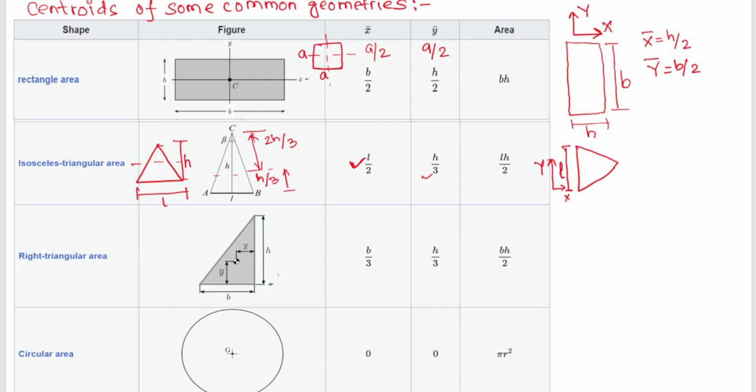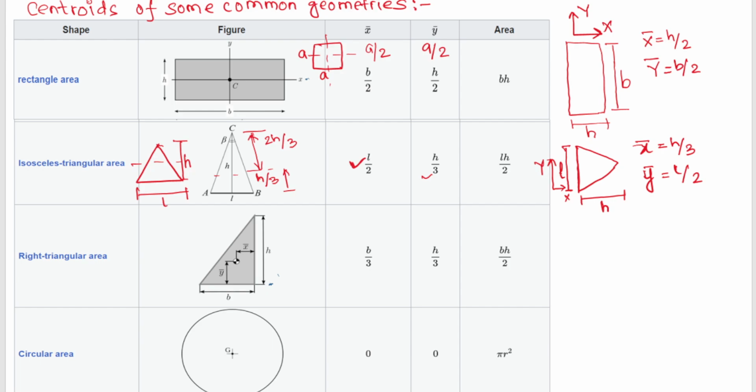This is my L and this is my H. So now since the direction has changed, the location x bar will be given as h by 3 from this extreme left point, and y bar as L by 2, which is completely opposite of when the triangle was placed before.